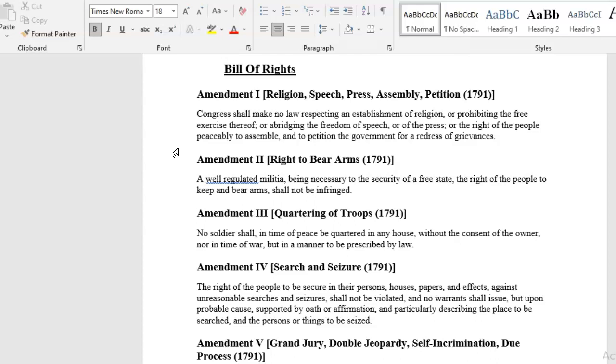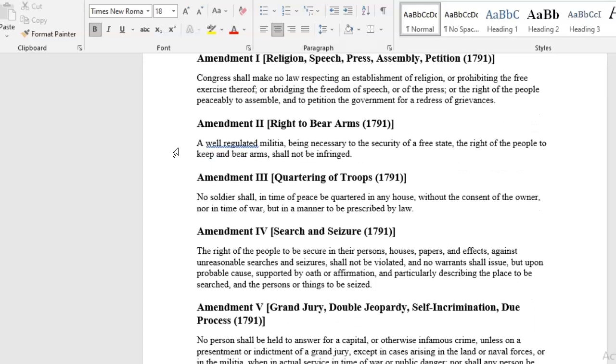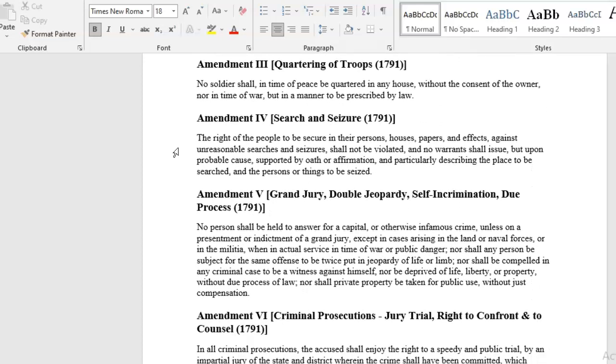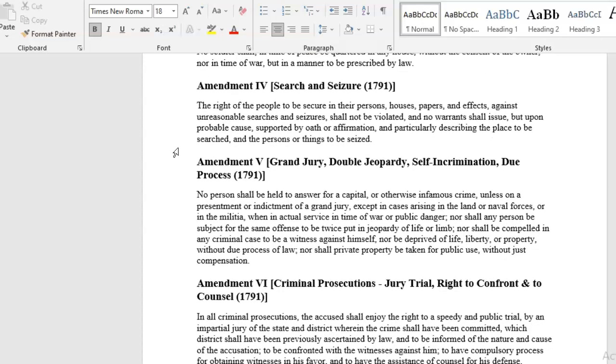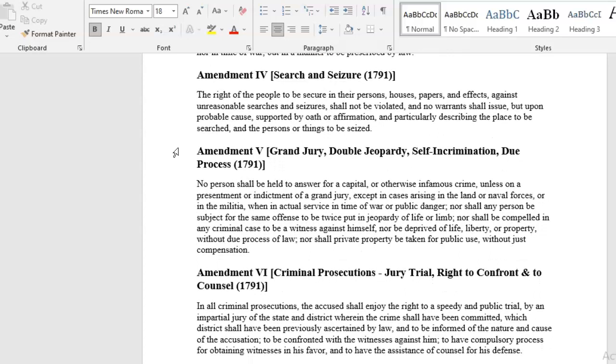So, in other words, military troops can't just come in and take over your house and commandeer your home unless it's in a time of war and only in a manner prescribed by law. And I don't think that's happened since the Civil War. Some history buffs may want to correct me if there's been a rare instance here or there, but I haven't really heard of it.